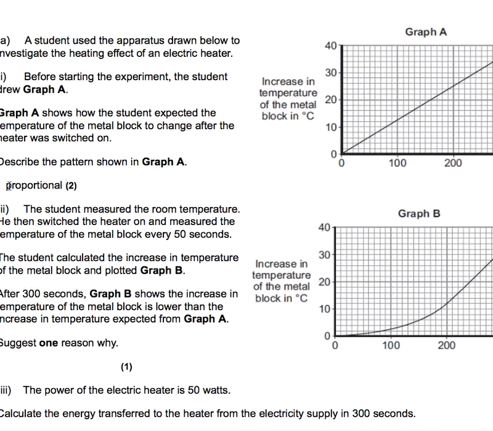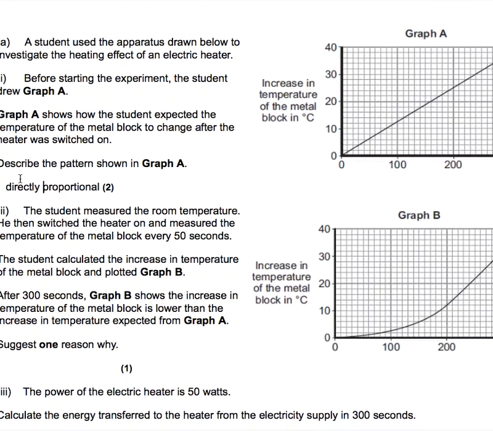They want directly proportional. If you say linear, if you say as time increases, the temperature increases, these are worth 1 mark, but directly 1 mark, proportional 1 mark.